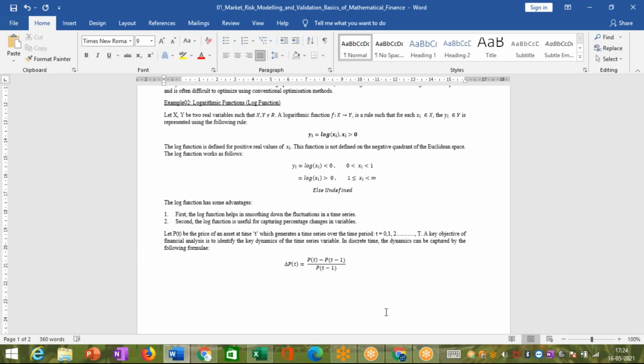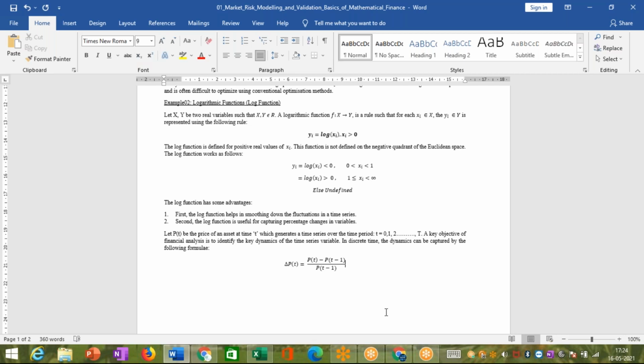Now, on the other hand, if the time period was continuous, then this would not have been possible, right? So over there, what we would need to understand is how the price of the asset is changing with respect to time.